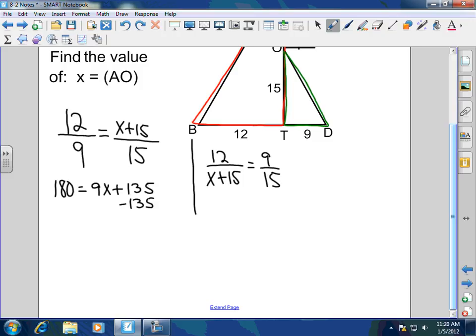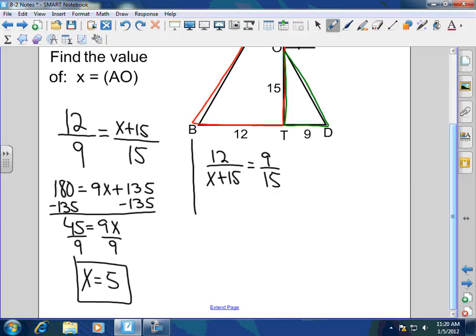Subtract 135 from both sides. You got 45 equals 9x, divided by 9. X equals 5. You would still have x equals 5 if you calculated it that way, the exact same value. Does that make sense, gentlemen?